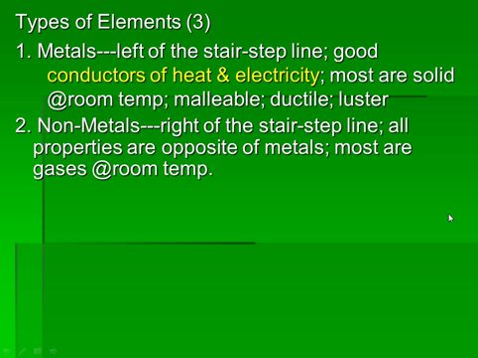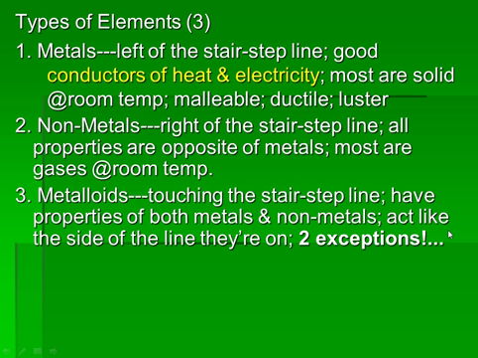There's one group that falls right along the stair step. They are called metalloids. Metalloids don't fit in the other two groups, meaning they might be hard solids but not good conductors of heat or electricity. Or they actually might be a brittle solid but be a good conductor of heat and electricity.